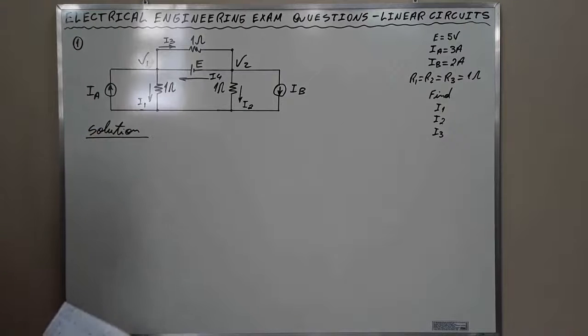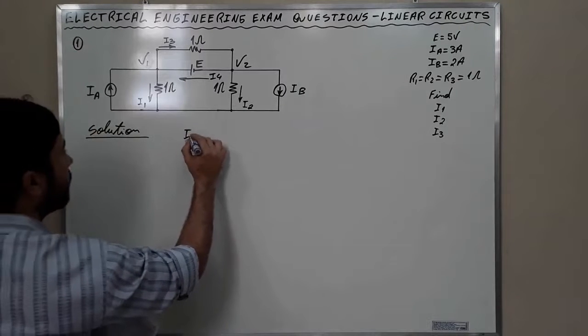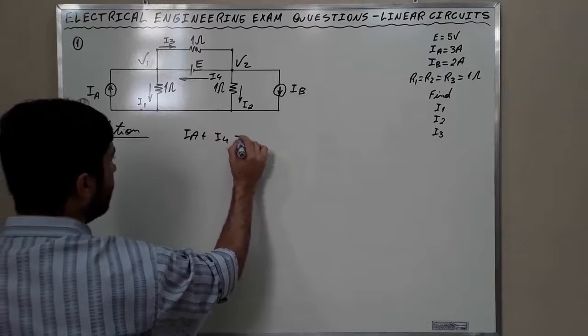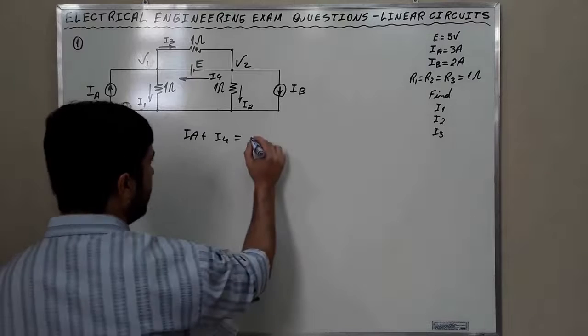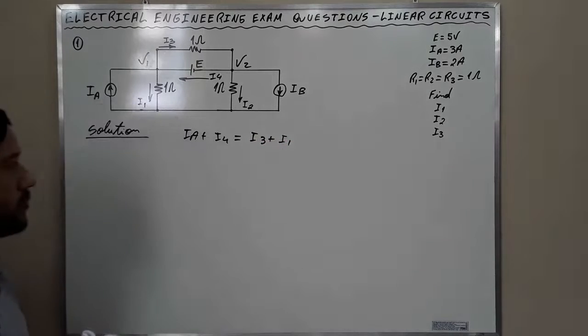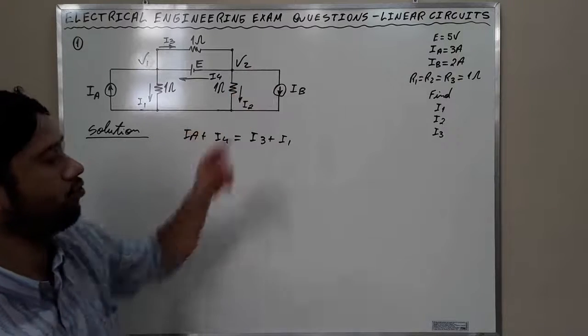Okay? So, IA plus I4 have to be equal to I3 plus I1. The same is going to be done for V2.